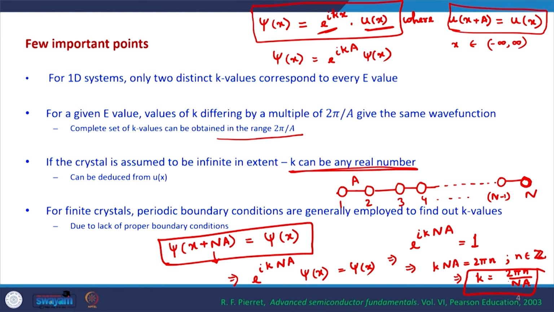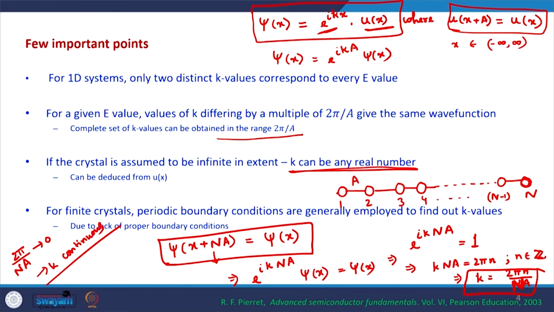And we can also see from here, if capital N is a very large number, the distance between two k points will be almost 0. So, which means that k will be continuous, k can take any continuous values, as we have already discussed in our previous slide.